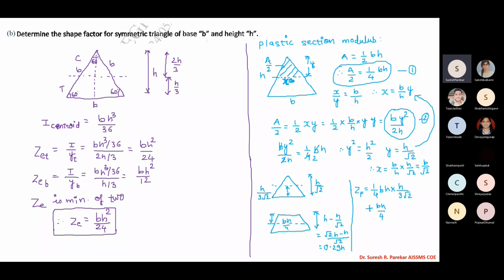No, now it will not be H by 3. We have to calculate this value. Now this is B dash.